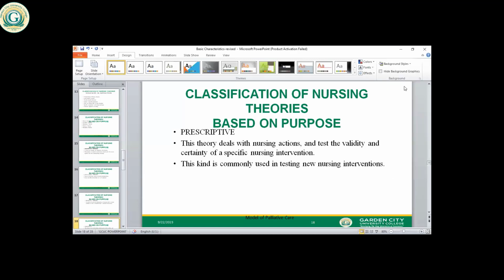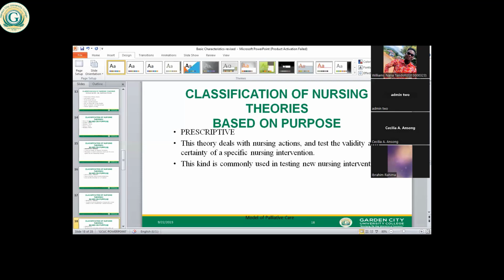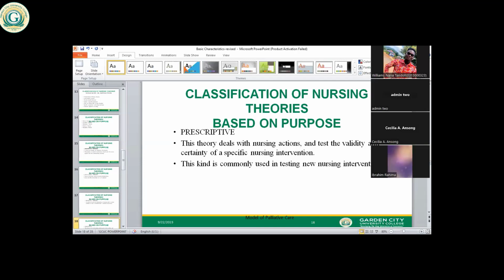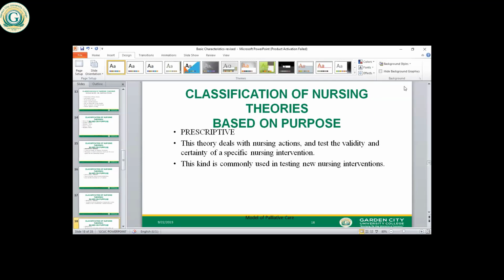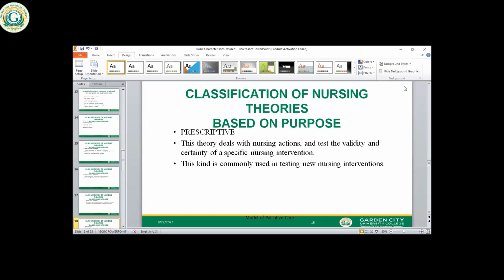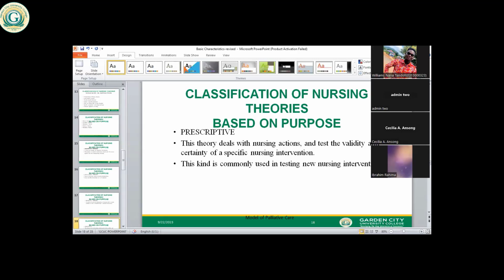So usually it depends on what you are doing, the research that you want to carry out. It depends on the research that you want to carry out and your objective. There are some research where maybe you just want to identify factors that influence a particular thing. You would end up just describing. So then you only focus on theories that fall under the descriptive.